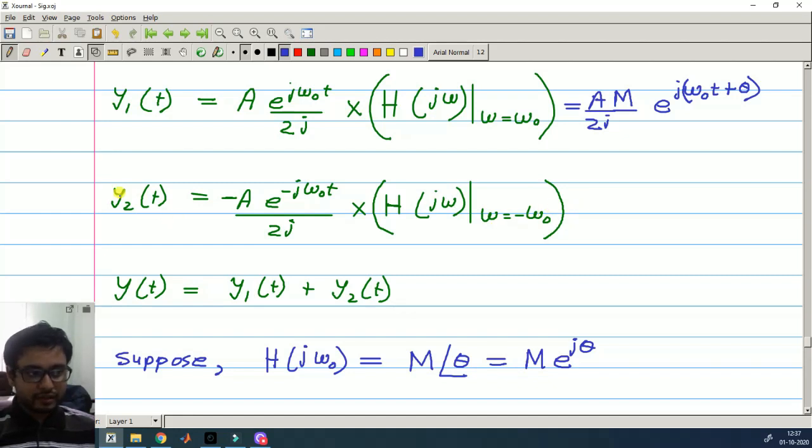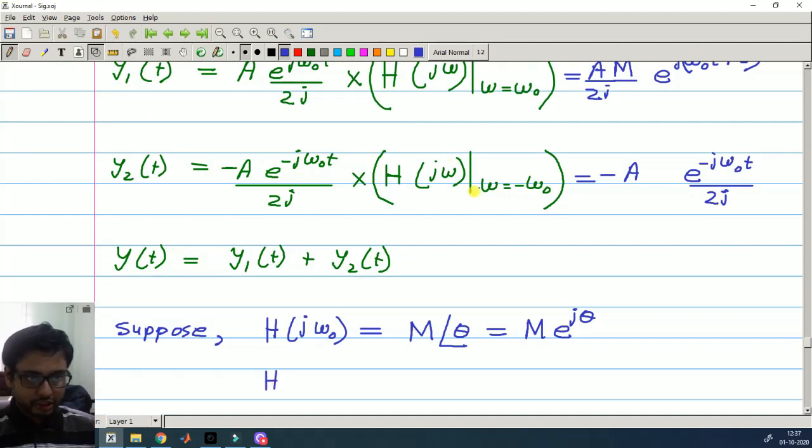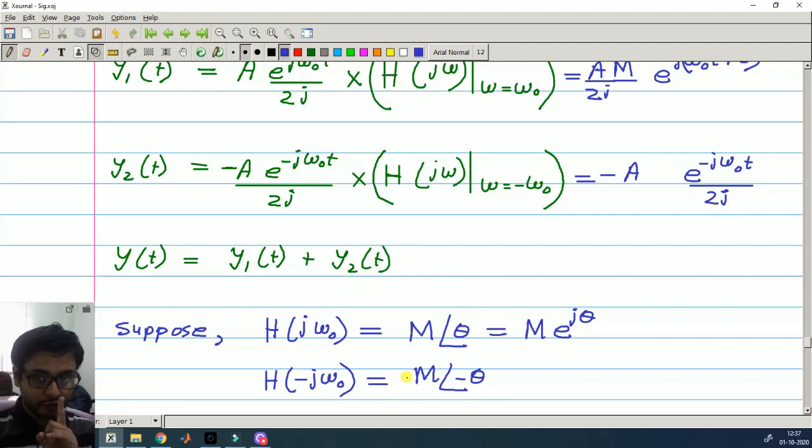In the same way, y2, the other component, will be this input e to the power minus j omega naught t divided by 2j multiplied with this constant. Now, this constant, which is H(minus j omega naught), will be equal to m angle minus theta, because you remember the property of the Fourier transform.